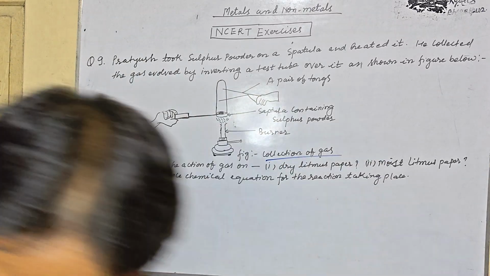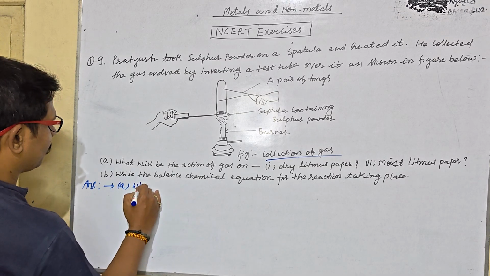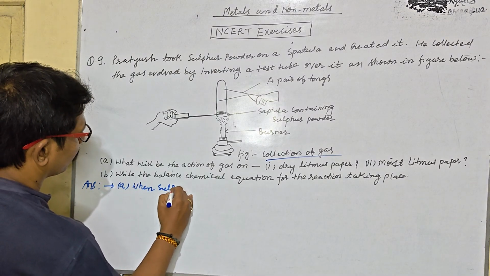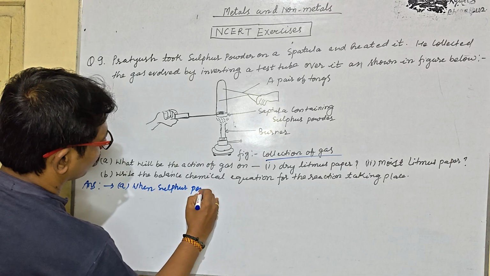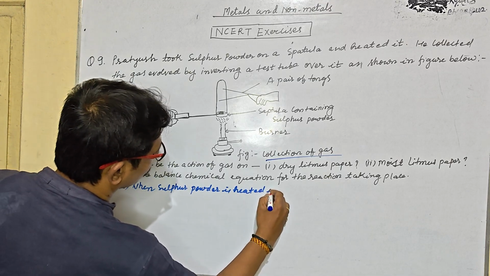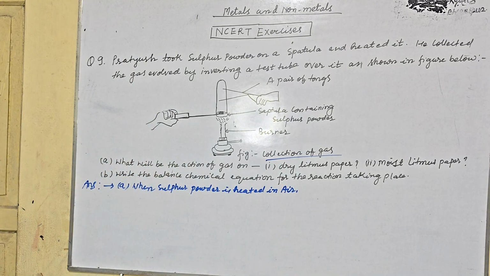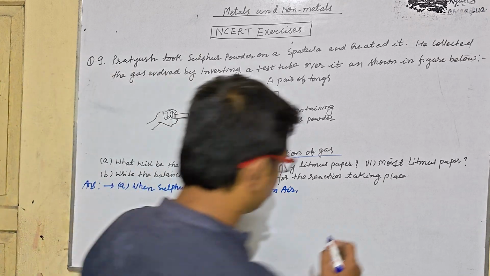The answer of question number A is all about when sulfur powder is heated in air. When sulfur powder is heated in air, sulfur dioxide gas is formed.